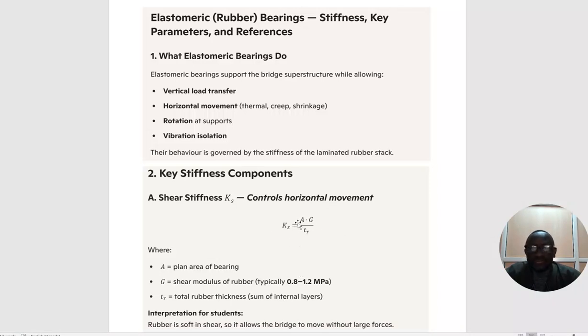So you will look at this and do a bit of research. Ks is the stiffness, A is the plan area of the bearing, G is the shear modulus of rubber. Typical values are 0.8 to 1.9, but for bridges it's normally recommended to use 0.9, but you can still cross-check, no worry.